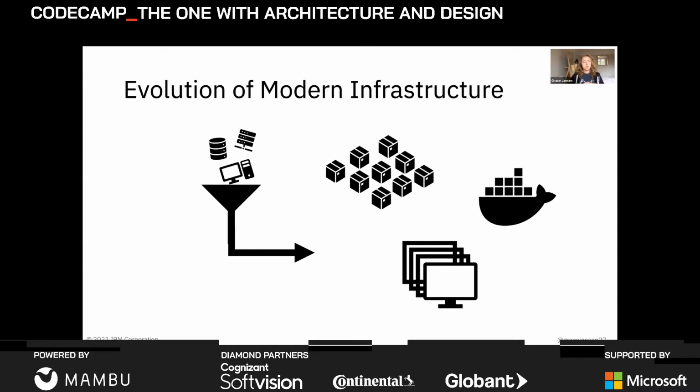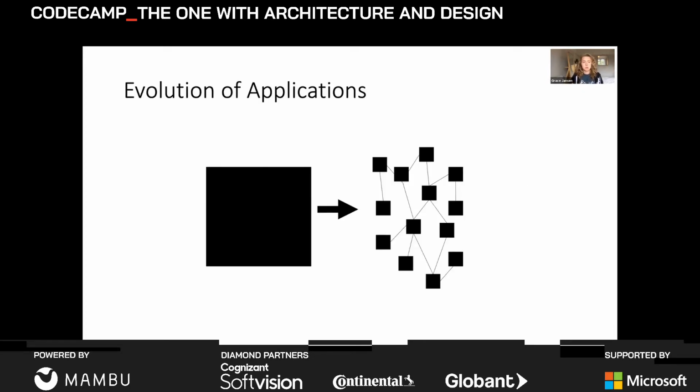So we're able to utilize this evolution of modern infrastructure, and that led to the evolution of our applications. Our applications developed from what used to be primarily on-premise, primarily monolithic, quite large, more clunky style applications. And we evolved our applications because we were able to utilize that underlying modern infrastructure.